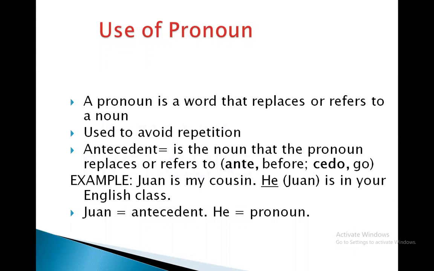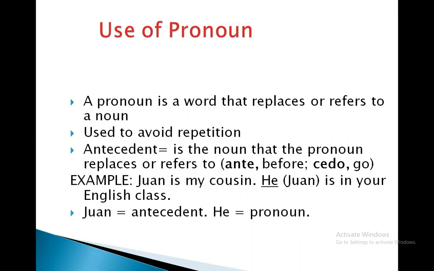Use of pronoun. Before going to know about the use of pronoun, a pronoun is a word which replaces or refers to a noun, which we use instead of a noun, and that's the reason we call it a pronoun.